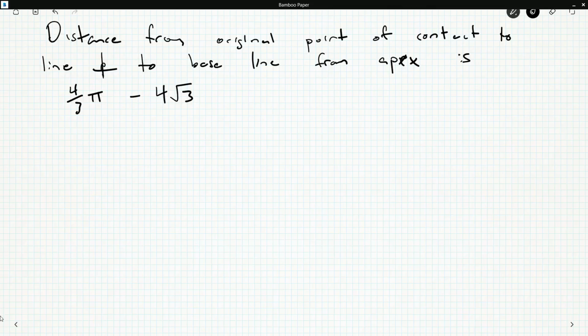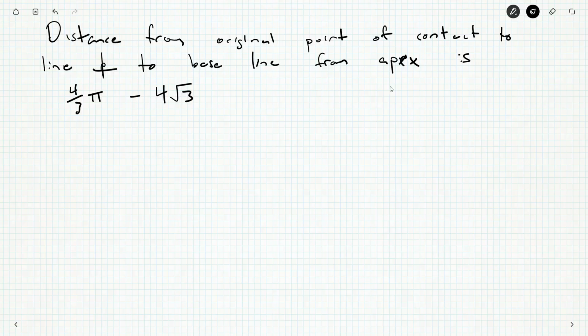So, whoops, I tabbed when I wanted to go back. Okay.